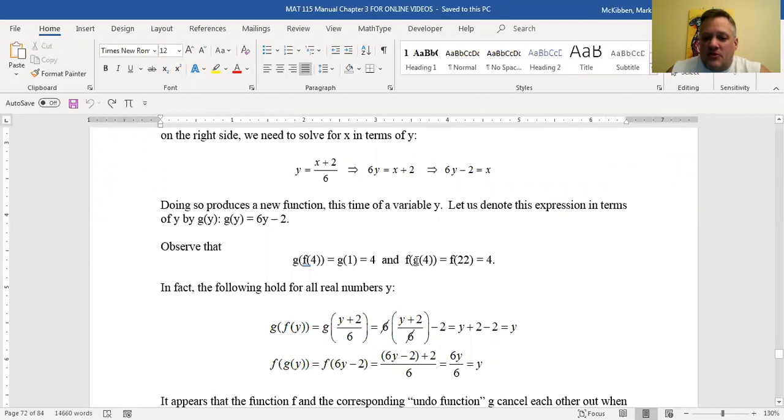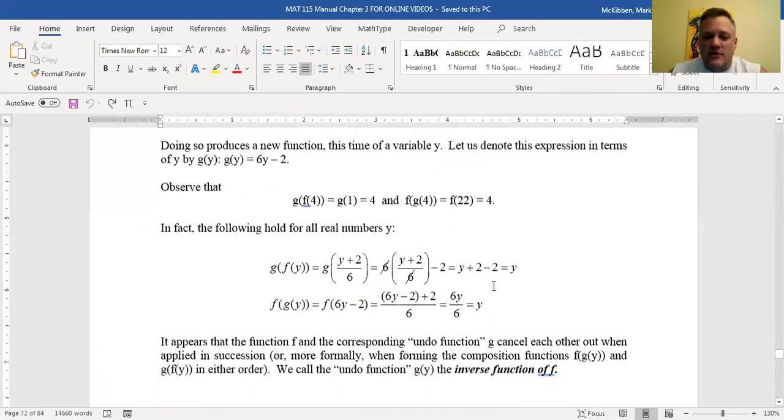And if you did it in the opposite direction, had I taken g of 4, I would get 22, and then if I took f of 22, you put 22 in for x here, I get 4 back. So what you notice is that if I apply one function and then the other, you get back the original input, right? And so it undoes, or it takes the inverse of the original function.